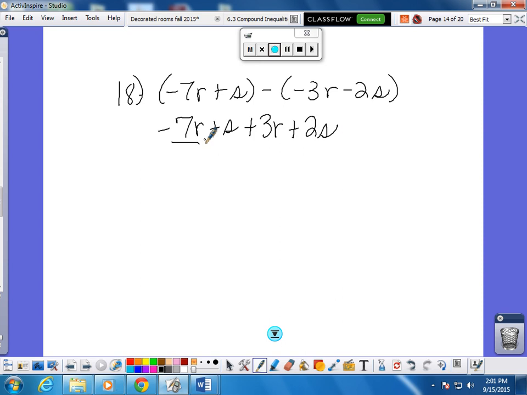Alright, let's put the r's together. Different signs, so we would subtract. What would our answer be? Negative 4r. What's positive 1s and positive 2s? Plus 3s. Questions? We good? All right, number 19.